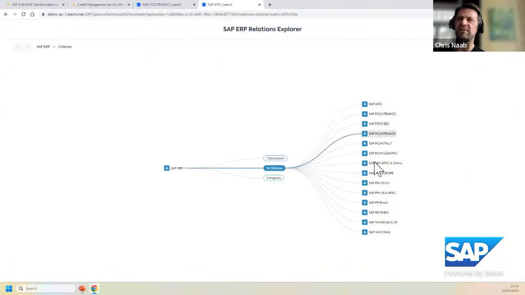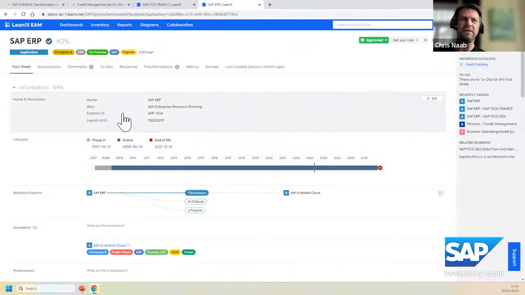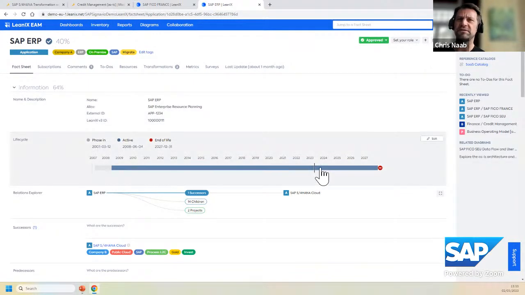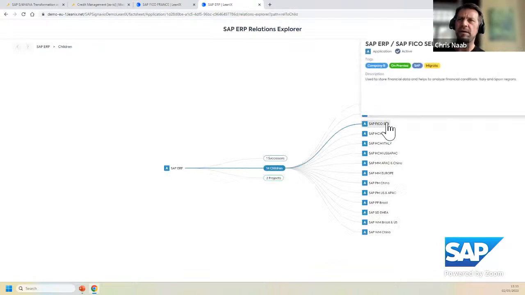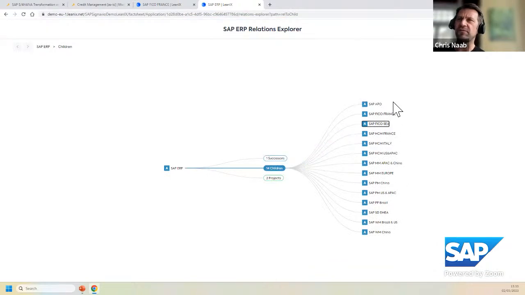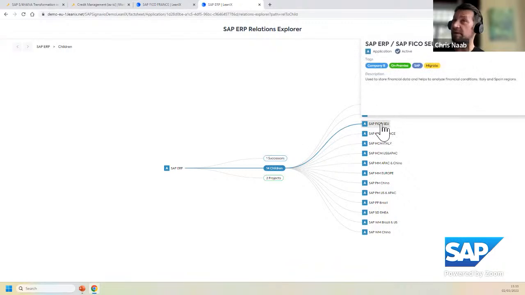If I click on here, I see a list of all applications that are active in SAP ERP. I also see that the parent application has a slightly longer life cycle. It's only planned to become end of life in 2027, whereas our application FICO France was set to be sunset much earlier.